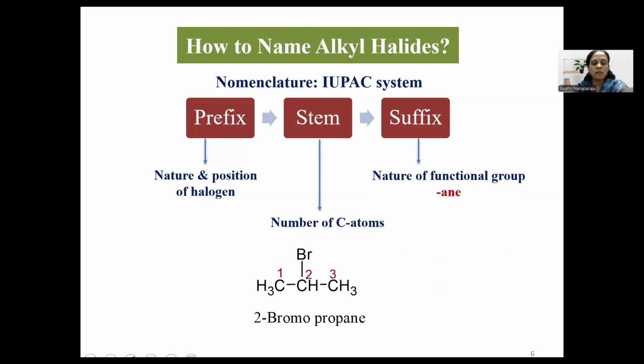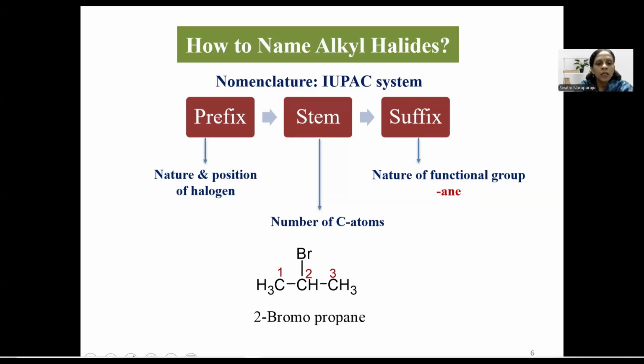If you consider this particular example, the parent chain is having 3 carbons, so we can write propane in the suffix. The nature of halogen is bromine, and this bromine group is present on the second carbon atom, so we write 2-bromo in the prefix.